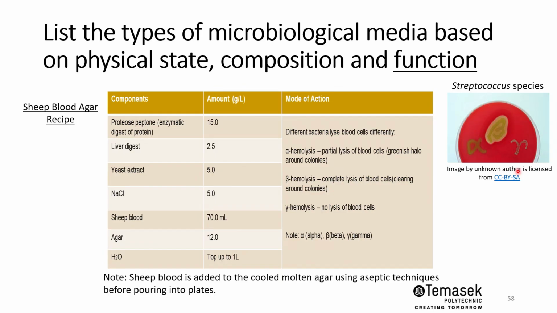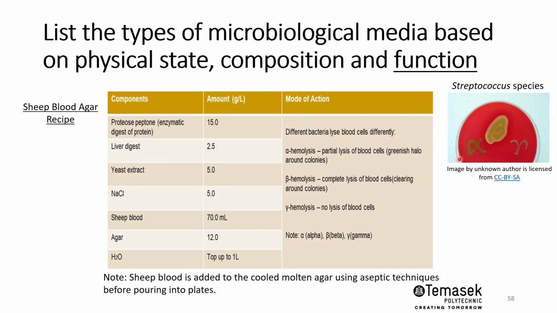All right, so in this media here, as you can see, if it's alpha hemolysin producing bacteria, they are only able to have partial lysis of red blood cells, resulting in a visual observation of a greenish halo color around the colonies themselves, right?